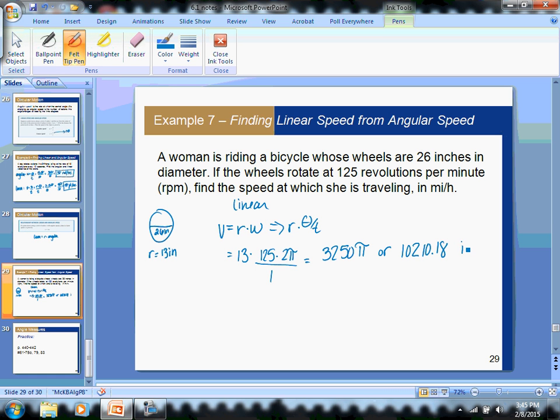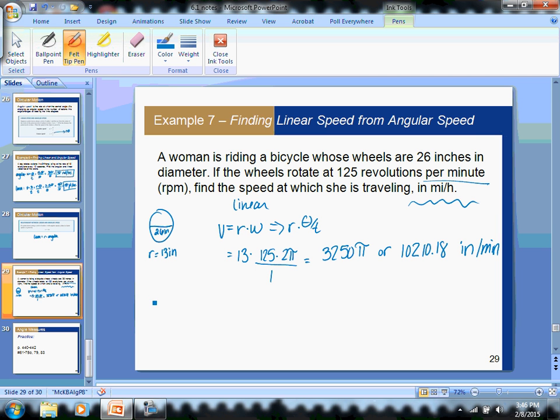But either way, this is inches per minute is what we found, because we had a radius of 13 inches and our time was per minute. Okay? They don't want that though. They want to know how fast she's going in miles per hour. So we have to do a little converting.